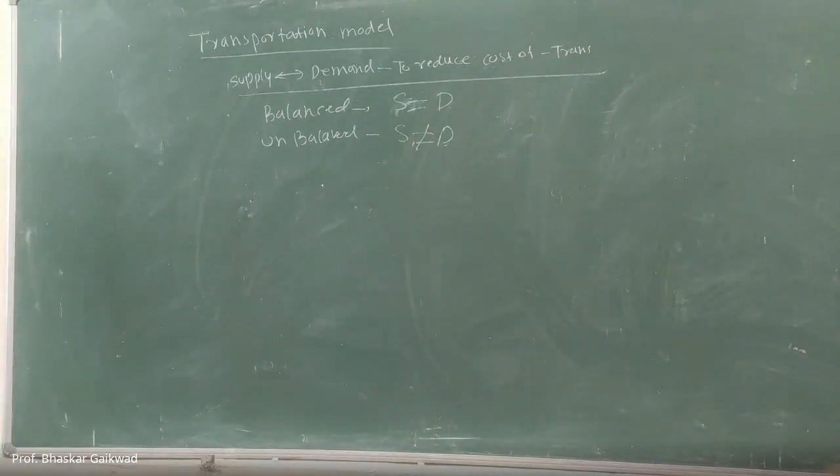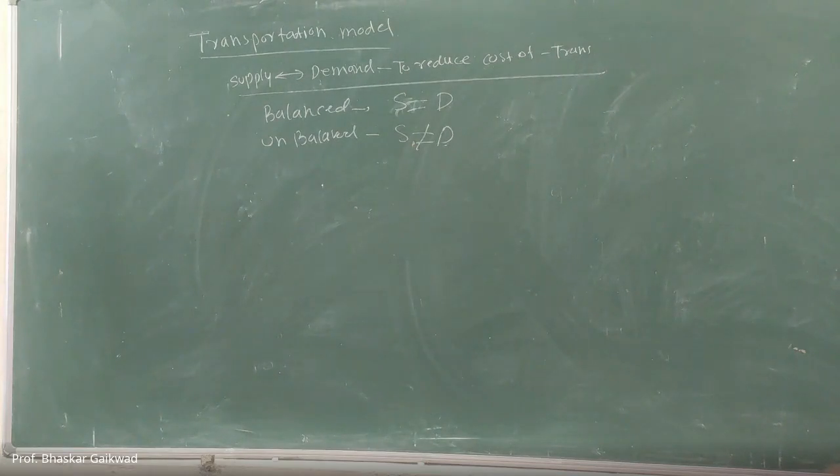Transportation is actually material we have to transfer from one place to the next place. The first place is supply or store, and the next is demand, or customer, or next branch. But the main thing is to reduce the transportation cost.